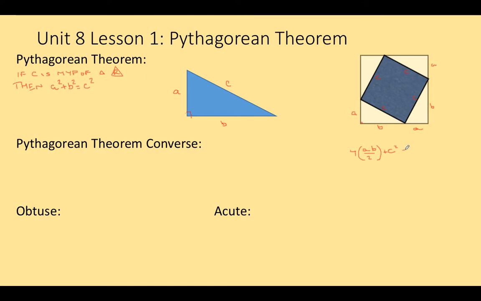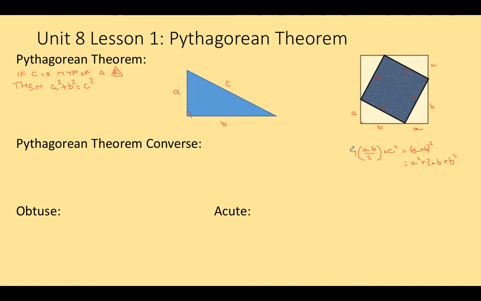So that's one way we could think of the area. The other way we could think of the area was simply (a plus b) squared. And, well, let's take a look at what happens here. When I use FOIL to expand this out, I get a squared plus 2ab plus b squared.